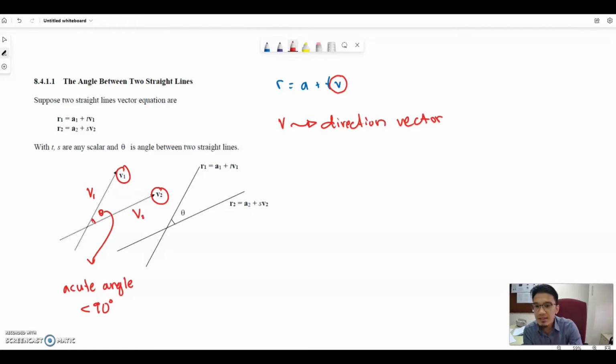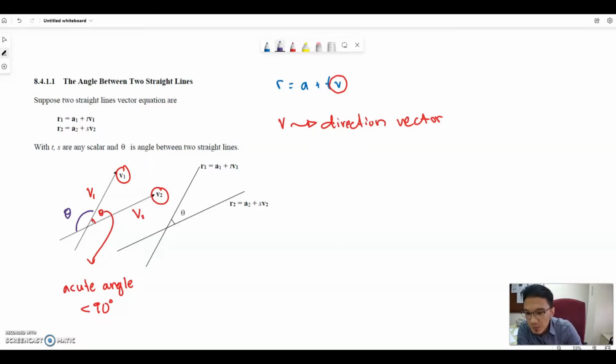An acute angle is an angle that is less than 90 degrees. As you can see in the diagram, if you observe closely, there are actually two values of angle. One is the one I have labeled with the red colored pen, and another one is right here. So there are two angles when you have two straight lines intersecting one another.